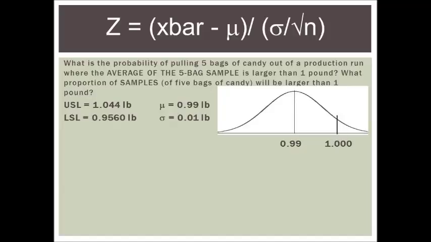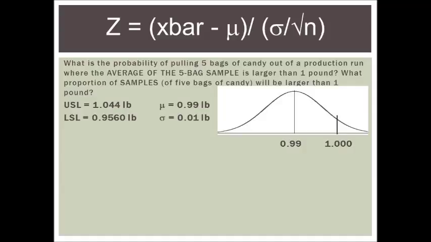So x bar in this formula is similar to the x that we had in the previous formula, meaning that it is the average that we're comparing our sample to. In this case, the question says, what is the probability of pulling a 5 pound or 5 bag sample of candy out of the production run, and the average of the 5 bag sample is larger than 1 pound.